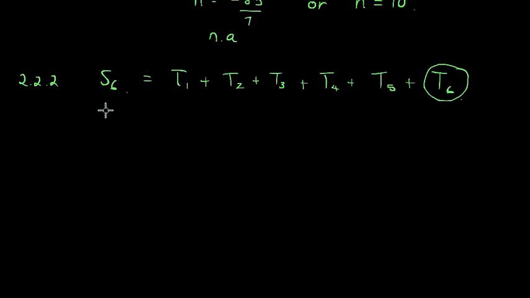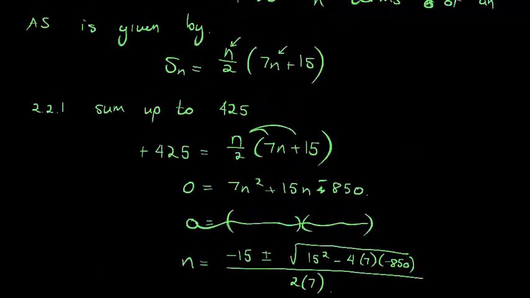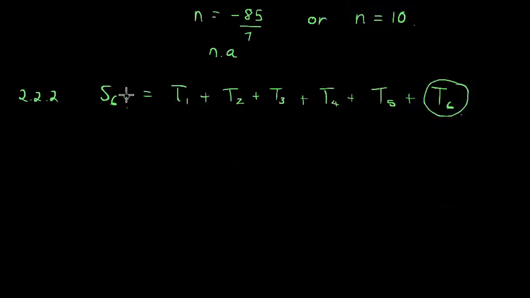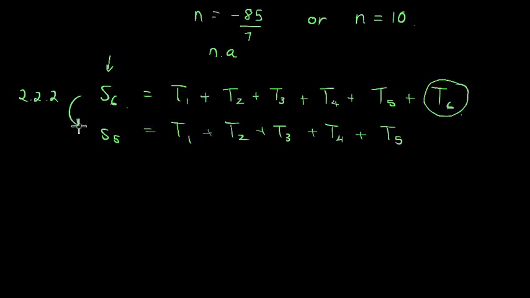Now let me just explain so that you understand what I'm going to do. We only have a formula for the sum. We don't have a formula for the terms. So if I can use the formula to get an answer for S6, and I use another formula to get an answer for S5, which is term 1 plus term 2 plus term 3 plus term 4 plus term 5, and I now subtract these two answers from each other, then these values will cancel and I'll only be left with term 6.